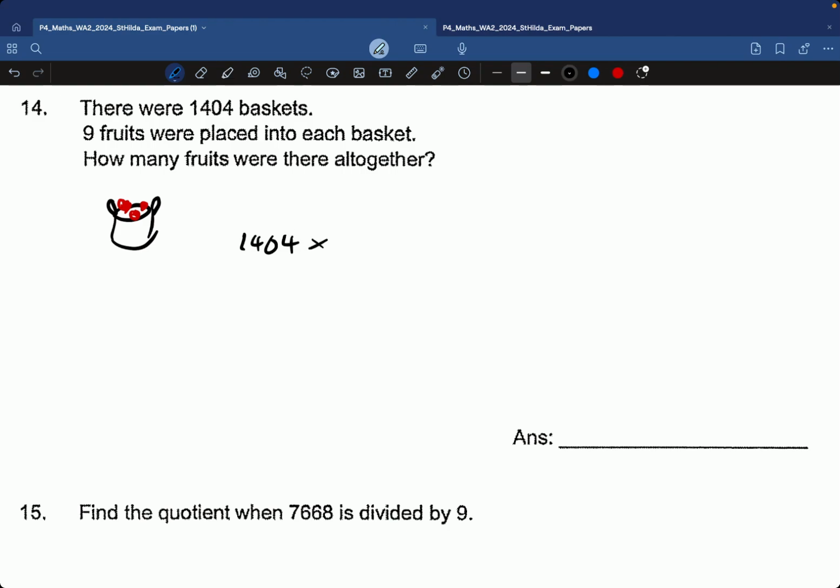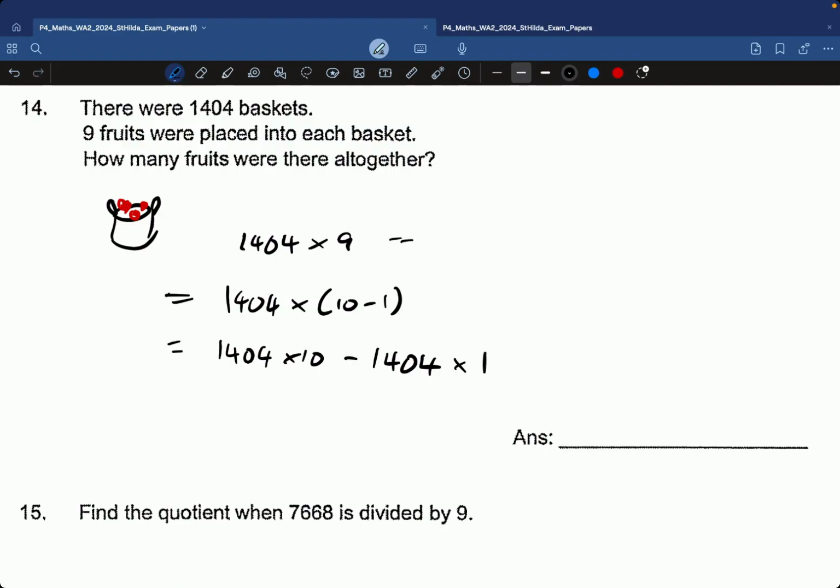1,404 times 9. I'm going to give you a hack. If you can use a calculator, that's great. But if you want to learn how to do mental math quickly, 9 is basically 10 minus 1. That means 1,404 times 10 minus 1,404 times 1.